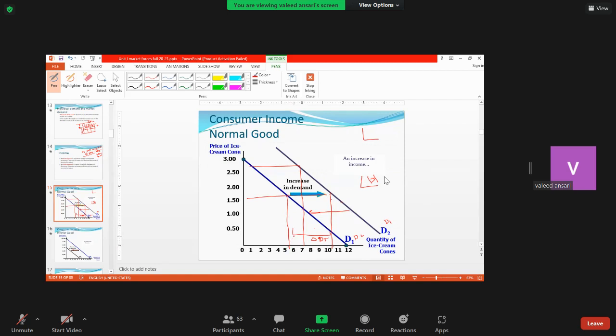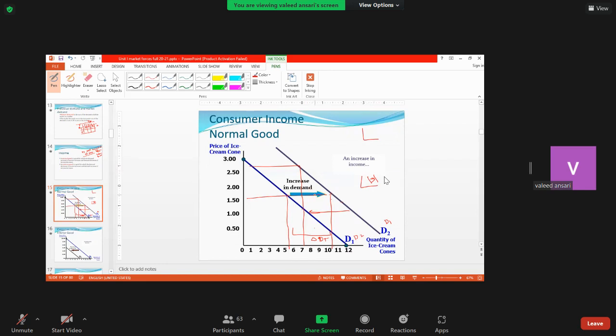So because of the change in income, the demand curve will take either a rightward shift or a leftward shift. Leftward shift means a decrease, and rightward shift means an increase.